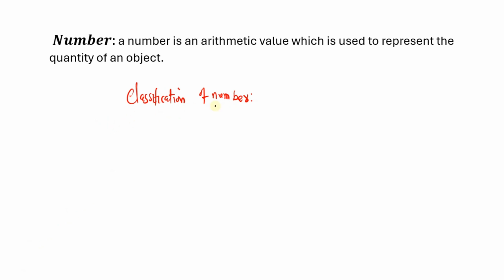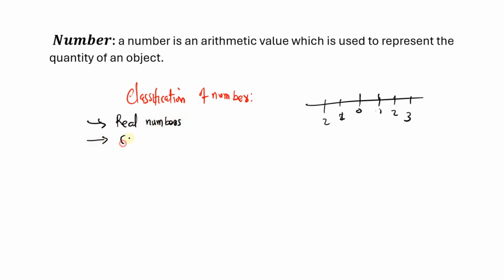Depending on how the numbers are arranged on the number line, they can be classified into two major groups. We have real numbers, and then we have complex numbers.